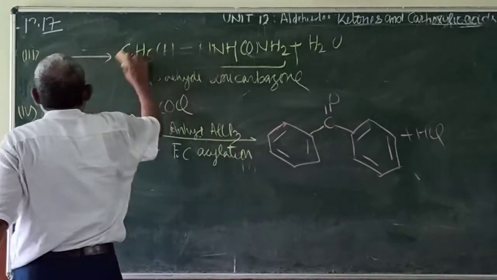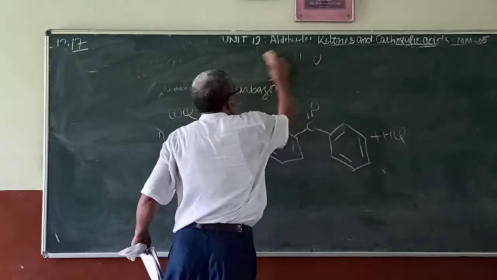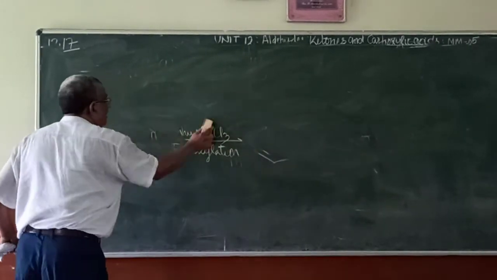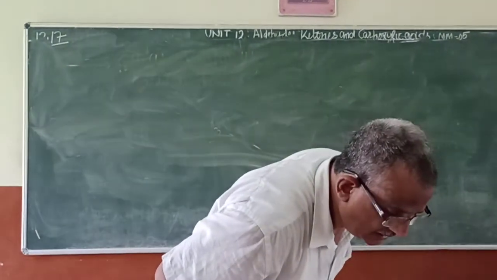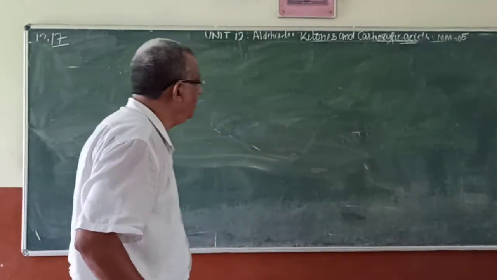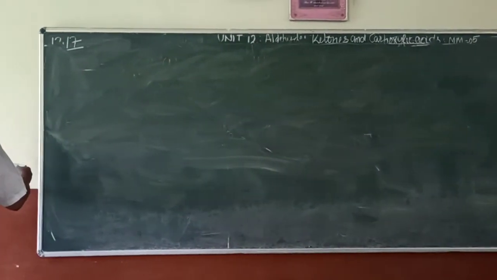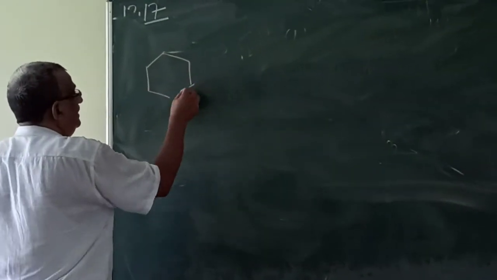What is the fifth one? Just wait a minute, please. In the fifth one, you have to supply the products. So I will write it again. Fifth one, please see here. This is the benzene. First make the cyclohexane.